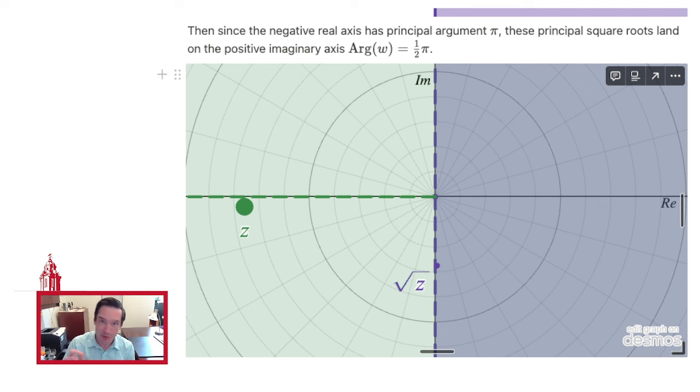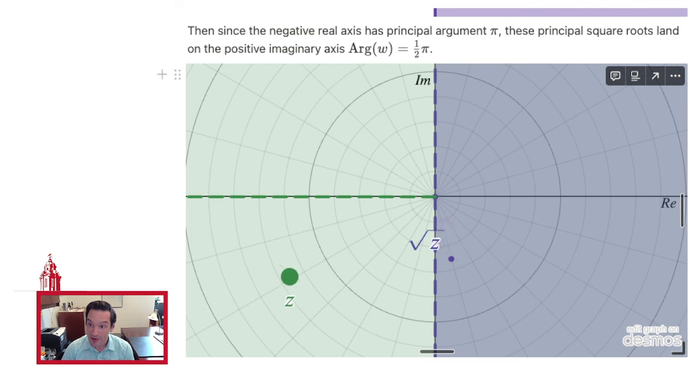And so in particular, what that's going to mean for us is that, yes, while the principal square root function is nice and all, it turns out not to be a function which is continuous on the entire complex plane. It's continuous in most places, but for any neighborhood of this negative real axis, which we call a branch cut for this square root function, our function's not continuous. Because as soon as I go from one side of this negative real axis to the other, the imaginary part of my output is going to suddenly jump from positive to negative, or vice versa.